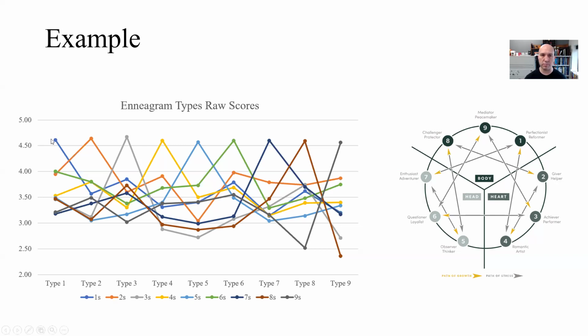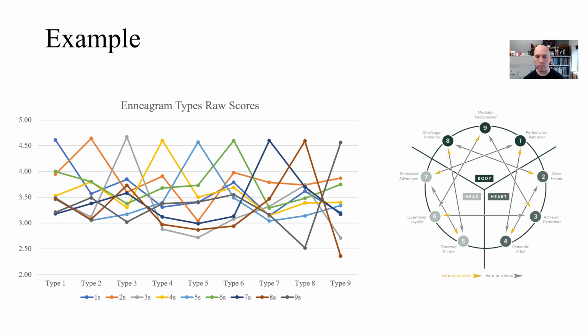Type 1 has a peak at type 1, type 2 has a peak at type 2, type 3 has a peak, and so on. Each type should have its highest score for that value. So type 1 scored highest on type 1 questions, type 2 scored highest on type 2 questions. That's what we should expect to see, and how the latent profile analysis is dividing types would be based on these values and these peaks.